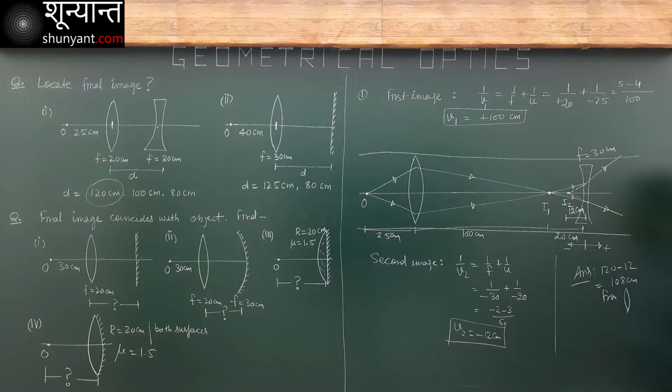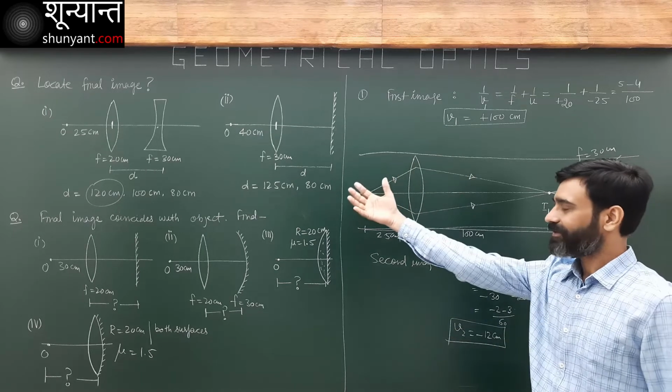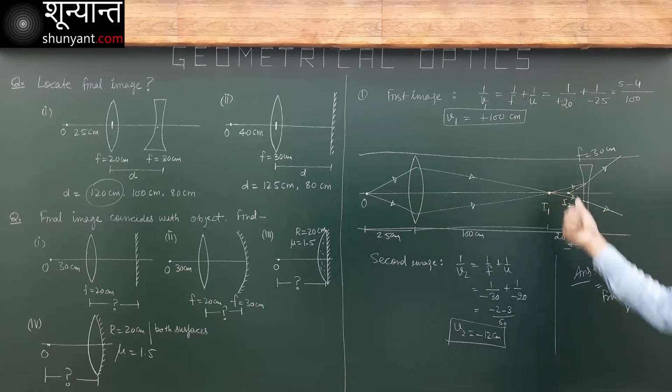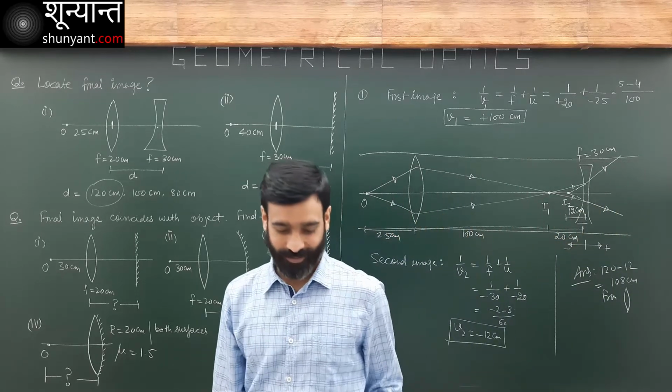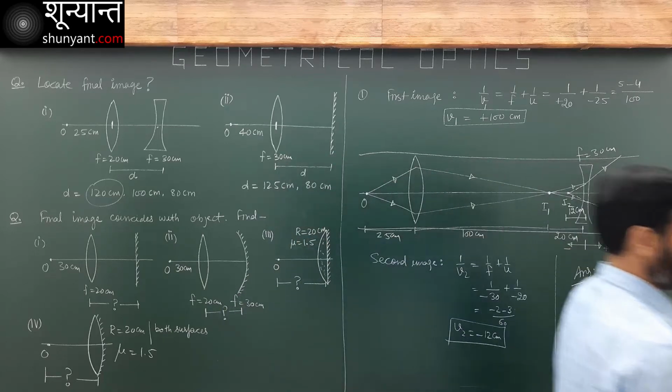You can never figure out where the actual object is or if there is an actual object or not. This thing becomes an object for you. The object appears to be here at 12 centimeter. It is brought here to this point. That's how we design microscopes and telescopes. We will see when we do those instruments.